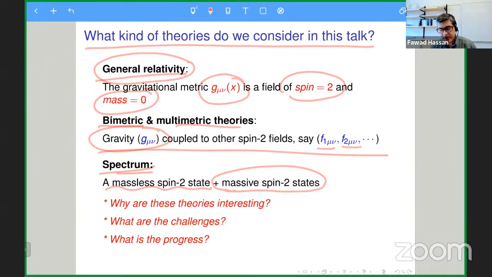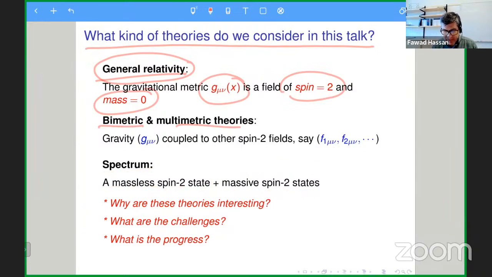This is the very general structure: we will always have one massless spin 2 field and all the remaining ones will be massive. This is related to the fact that we have only one copy of general covariance in space-time. Those are the generalities: we are looking at theories of spin 2 fields, and I told you what the spectrum is.